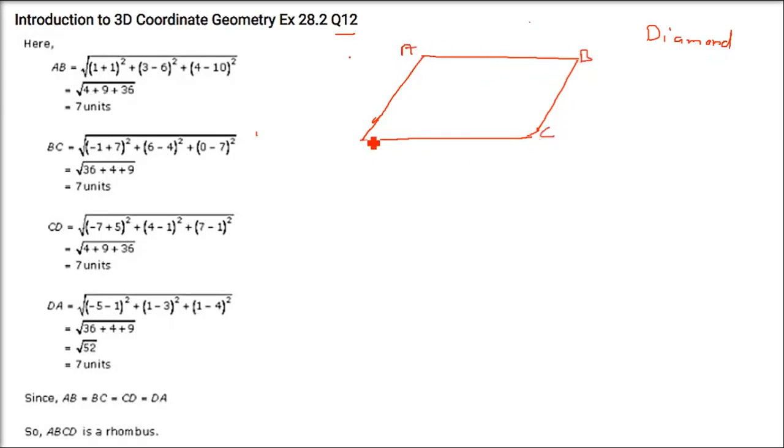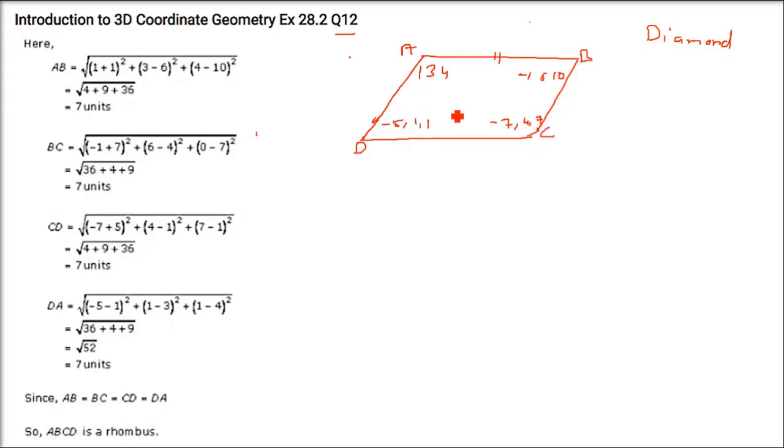A, B, C, D, all the sides are equal. So the points are given as A is 1, 3, 4, B is minus 1, 6, 10, C is minus 7, 4, 7, and D is minus 5, 1, 1.